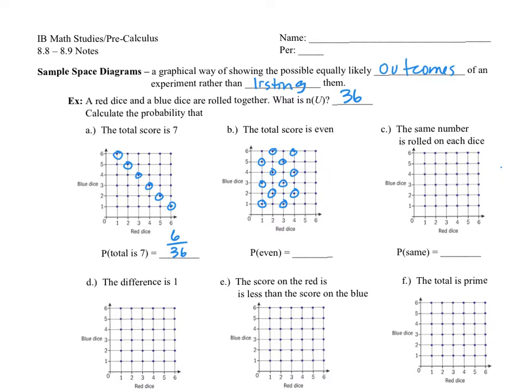When I roll a 5 for the red, I'm going to get an even outcome when I roll odd blues. So 5 plus 1, 5 plus 3, and 5 plus 5 would all be even. And when I roll a red 6, I'd get an even outcome when I roll an even blue, so a 2, a 4, or a 6 on the blue.